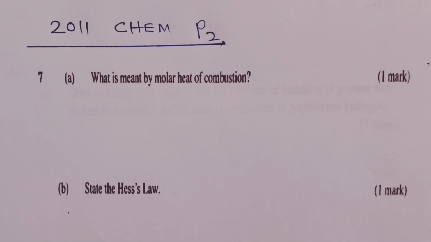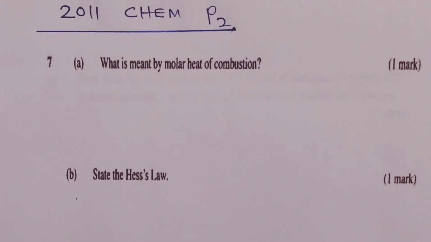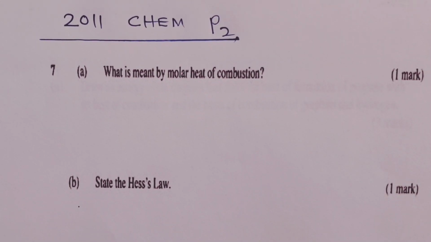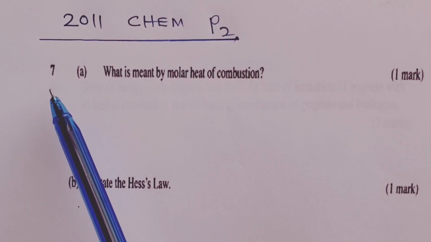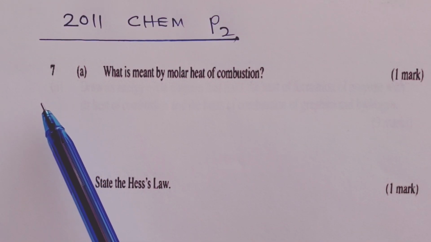Testing of Hess Law at the Kenya Certificate of Secondary Education in the recent past. Now we realize that in 2011, Hess Law was tested in Chemistry Paper 2 as question number 7 for 11 marks.